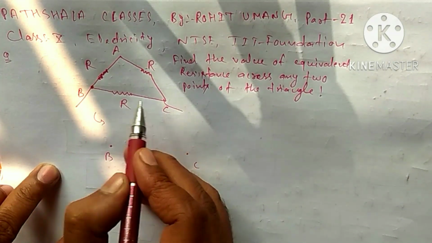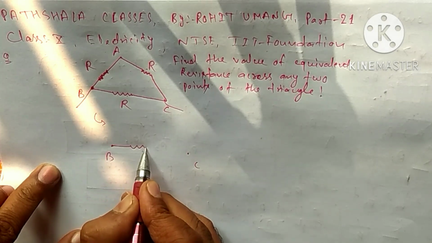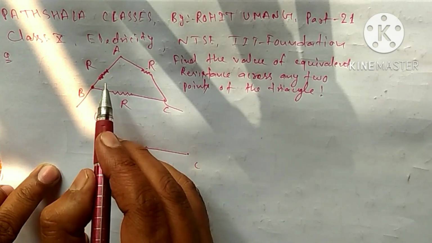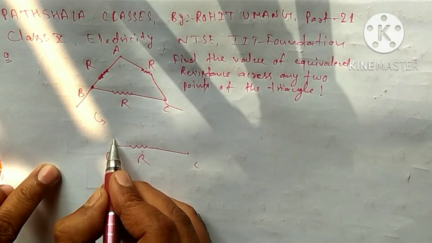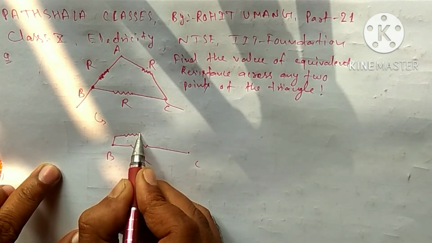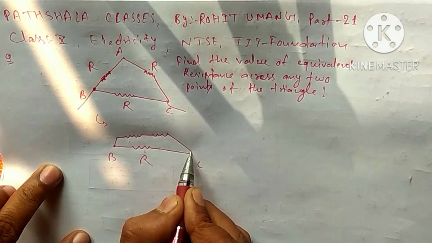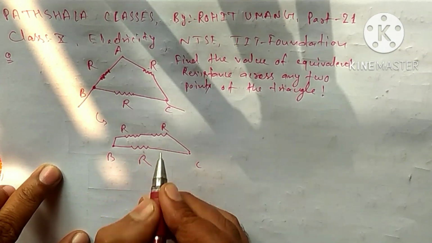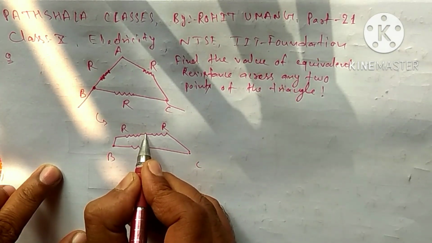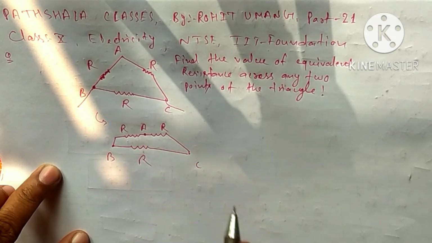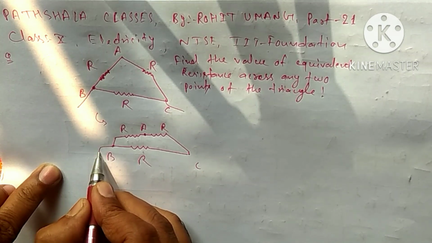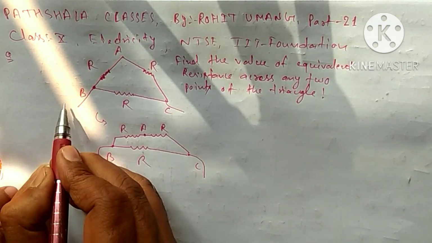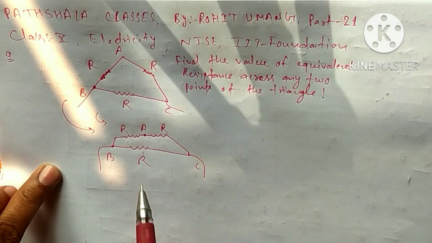Between B and C there is one resistance R, and also between B and C two other resistances are arranged in parallel, these are R and also R. Here we call this point A.